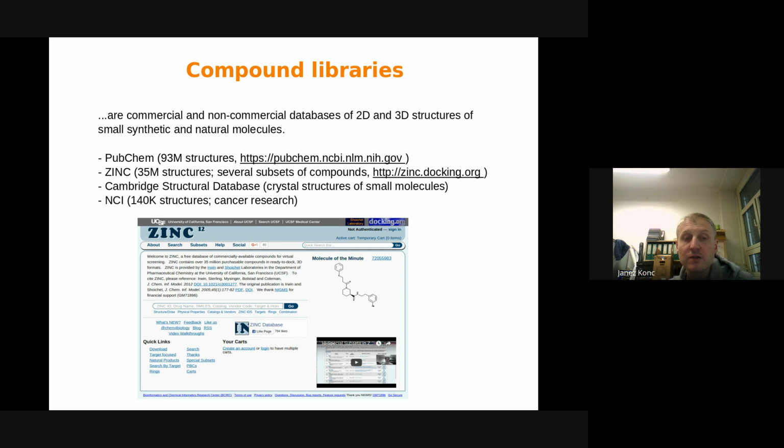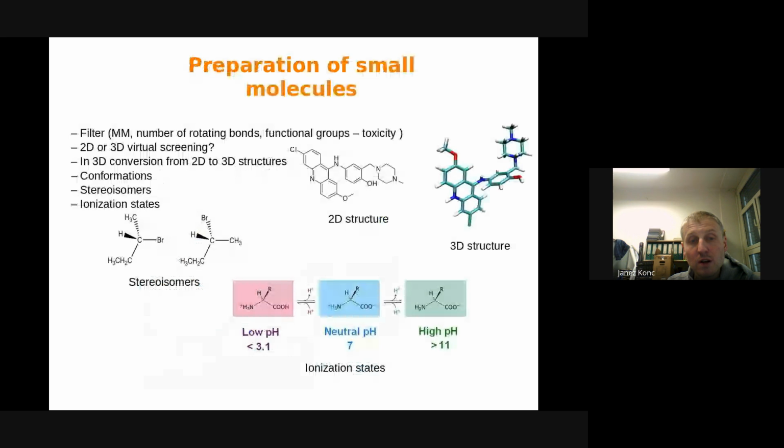It holds around 30 million structures nowadays, and you can easily order these compounds and get them synthesized by mail. So you can just say which compounds you want, and you get them, and you can test them in your laboratory, for example.